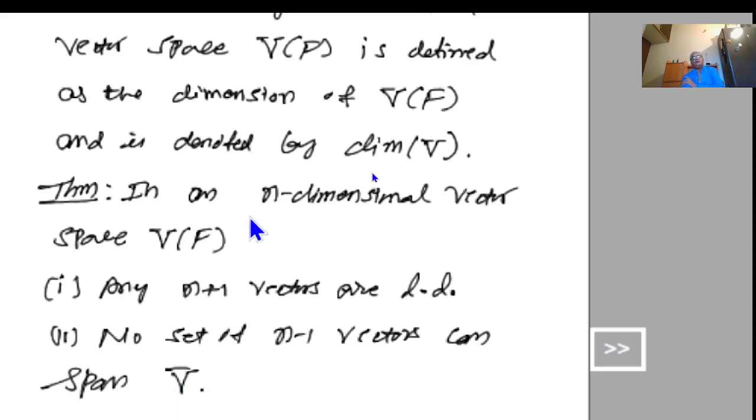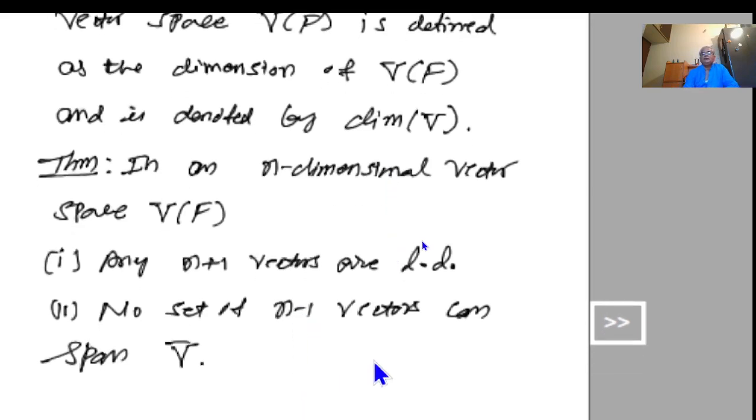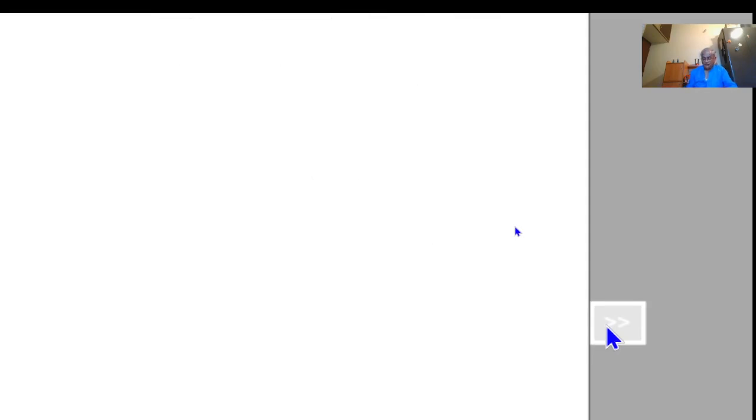So we have to consider a vector space V, and we have to consider its dimension is equal to n. So if its dimension is equal to n, it means any basis of V consists of exactly n elements, then we have to prove these two things. Okay, so let me consider, I'll go to the next page.